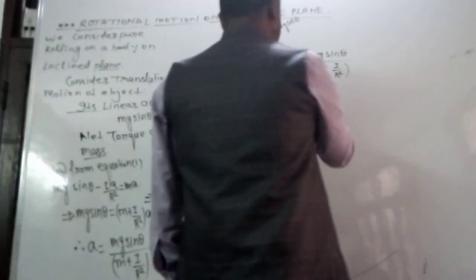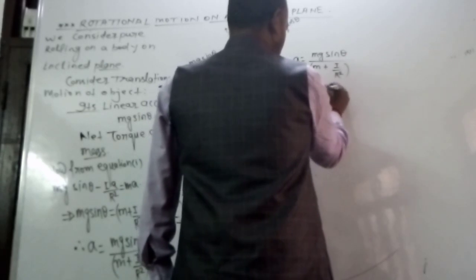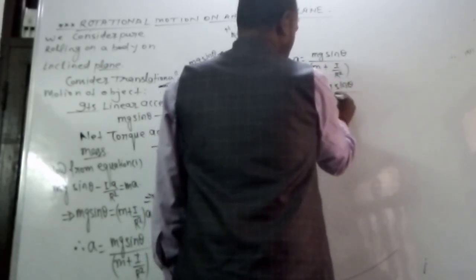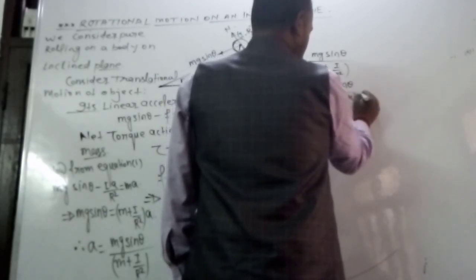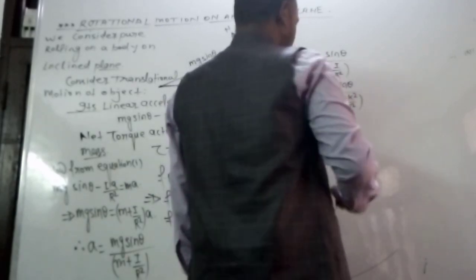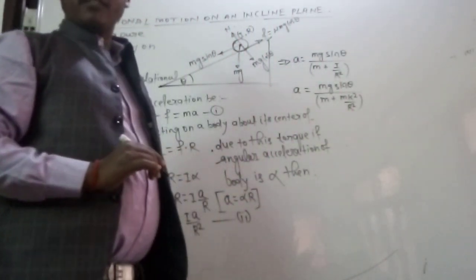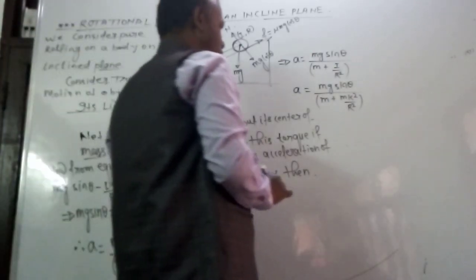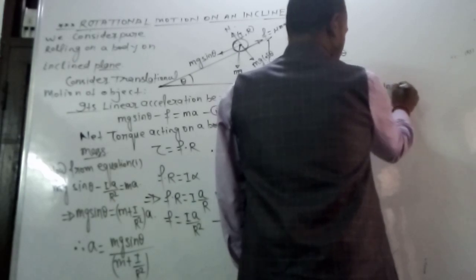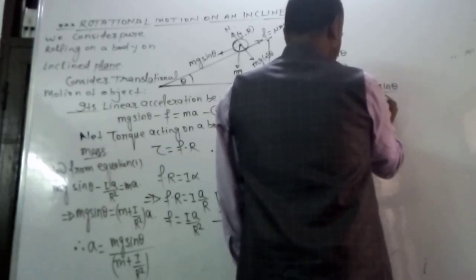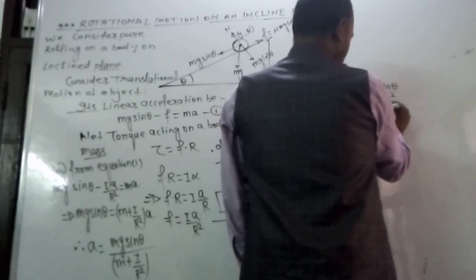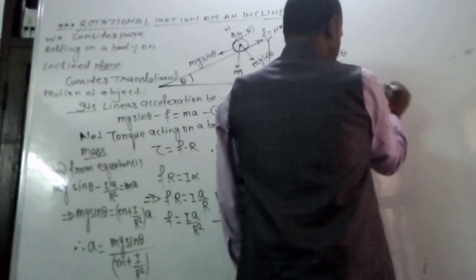So this can be written further as mg sin theta upon m plus mk square upon R square. M will cancel out and this will be g sin theta upon 1 plus k square upon R square.